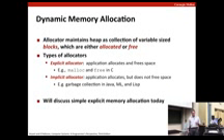Now the allocator maintains the heap as a contiguous collection of blocks. And blocks can be allocated or free. Allocated meaning that they're being used by some program application. Free meaning that they're available for use by an application. And there are two types of allocators.